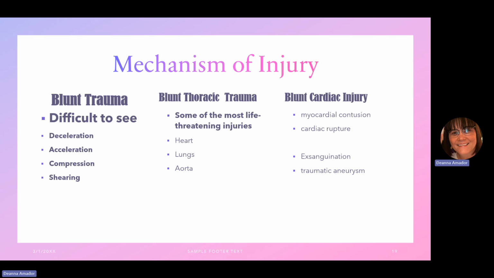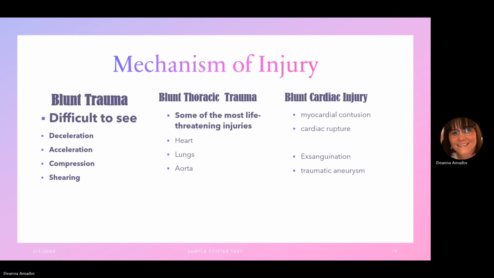You can have a tear or something like that, especially in the aorta, or if you have an aortic aneurysm. You can also have a complete rupture of the aorta, and that will cause people to immediately die, an aortic rupture.